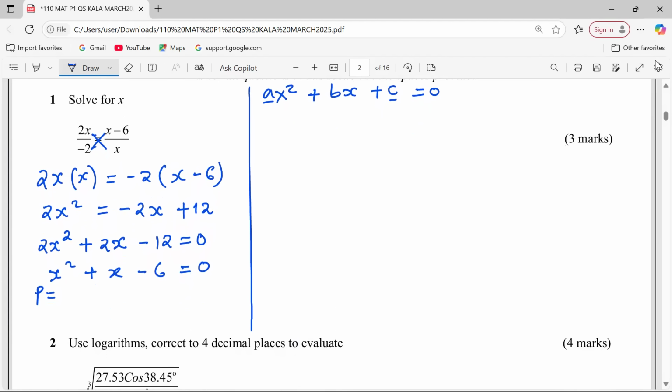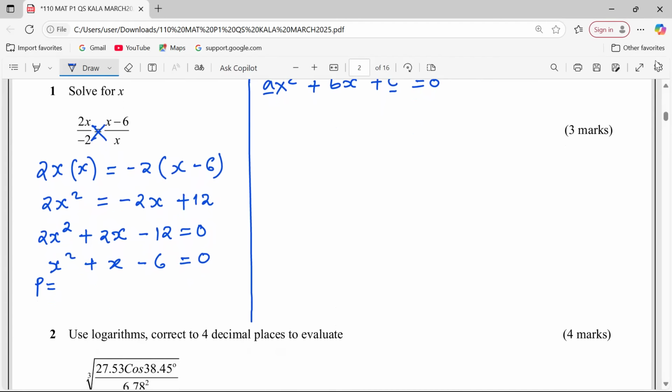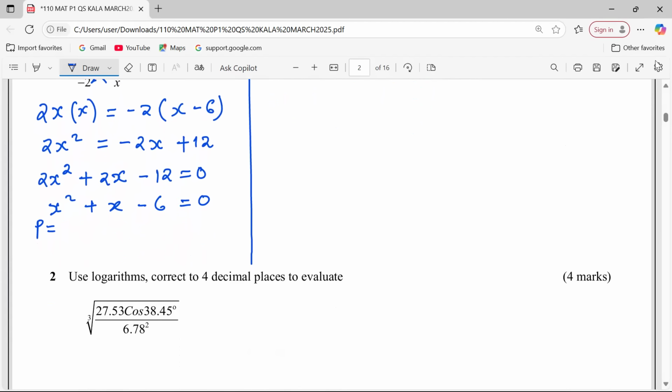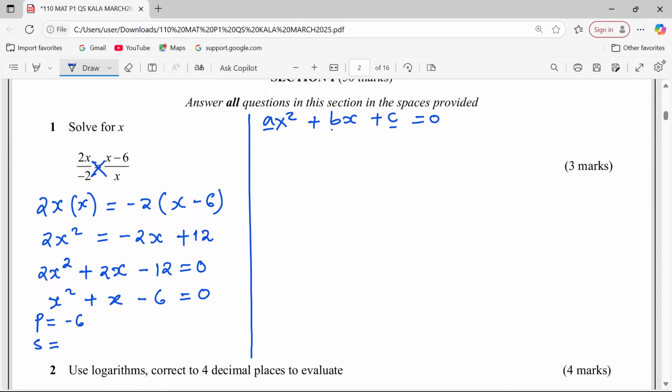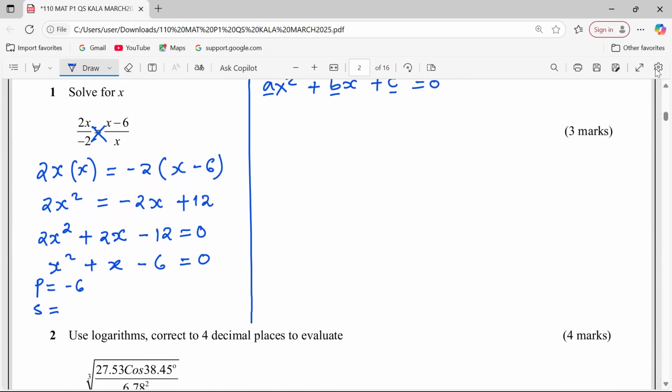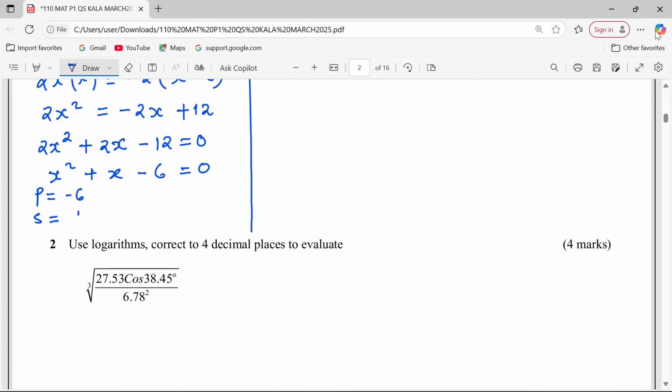The coefficient of x squared is what we are calling a, and that is 1. Then the constant c is negative 6. That gives us negative 6. Then we need a sum equal to the value of b. The value of b is usually the coefficient of x, and this coefficient of x in our equation is 1.